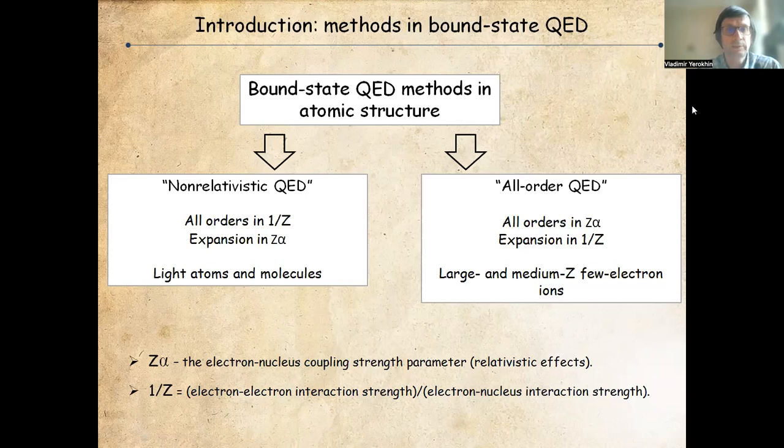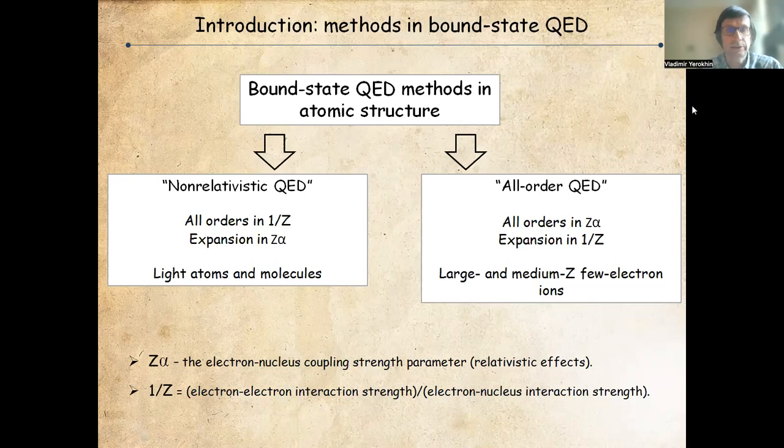For light systems, on the other hand, it is advantageous to start with the non-relativistic Schrödinger equation, in which we include the Coulomb interaction between all particles. So we include all orders in 1 over Z, but we expand in relativistic effects in Z alpha, and of course in alpha.